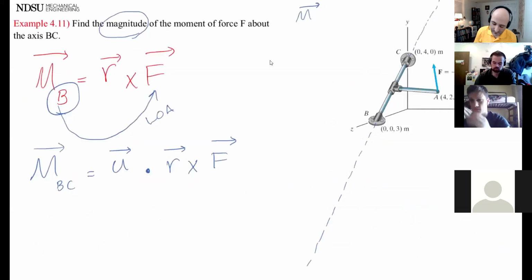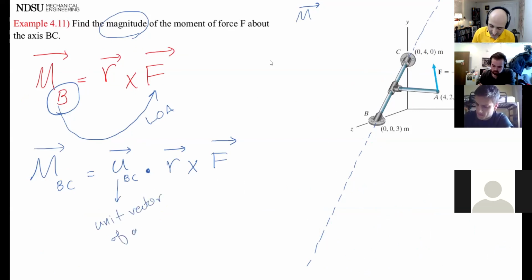So the unit vector of axis, direction, line, whatever they're wording it. They can word it line BC or axis BC or line AA, whatever they call it, doesn't really matter. Unit vector of whatever we're trying to find a moment about, dot producted by R cross F. Sometimes if you look at the book, it might have parentheses around it, doesn't make any difference.